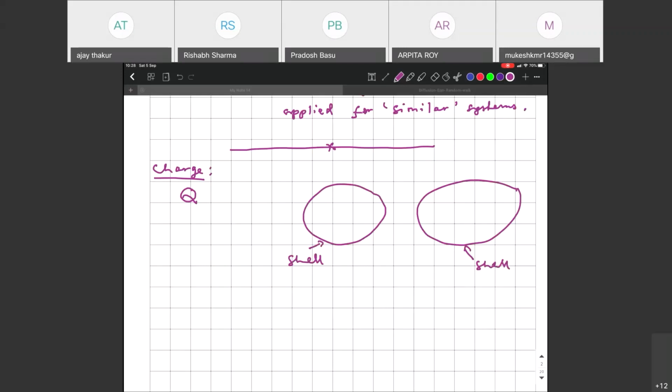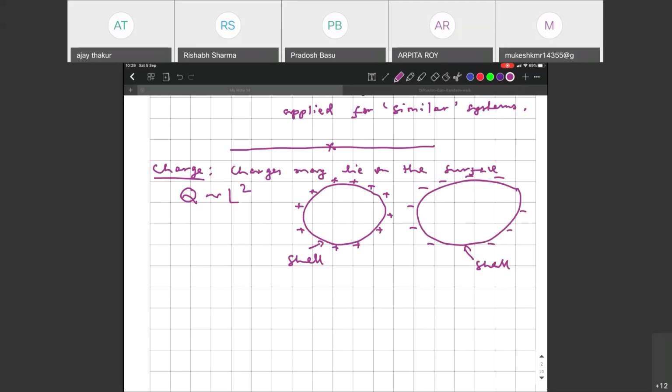Now if you put charges on it, whether we put negative charges or positive charges, they are going to lie on the surface, and then charge will go as L square.